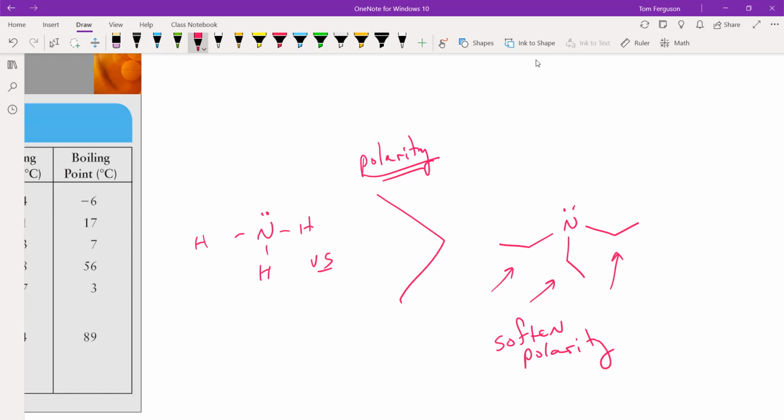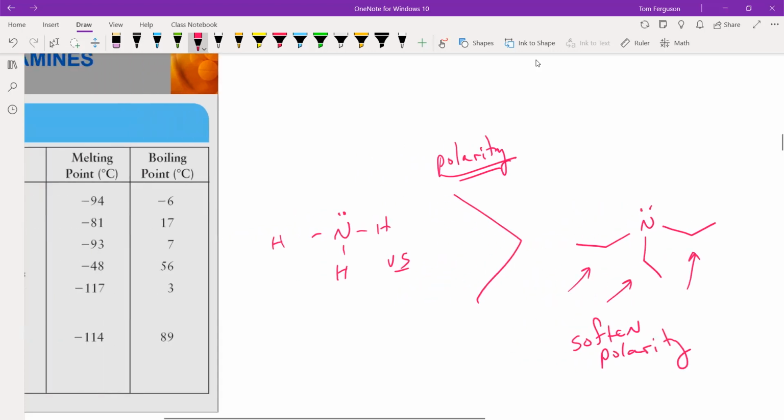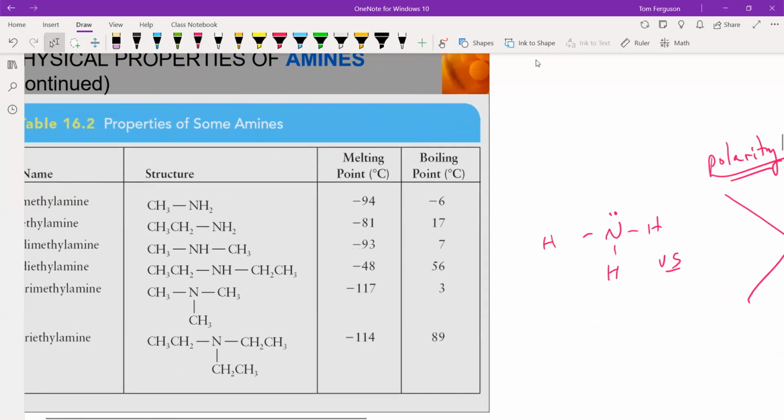If you just have hydrogens like pure ammonia, that has the least amount of softening. And that's what these boiling points reflect.